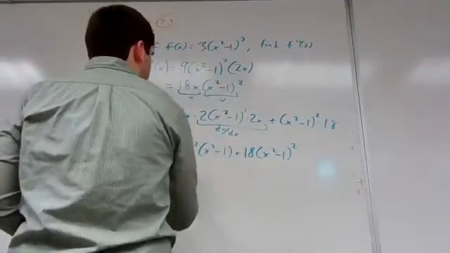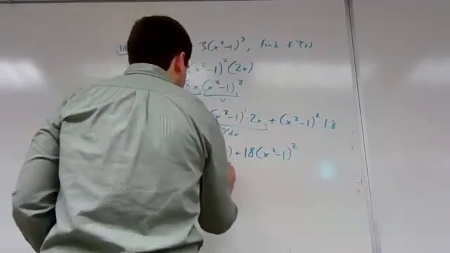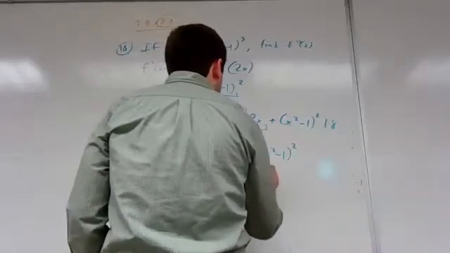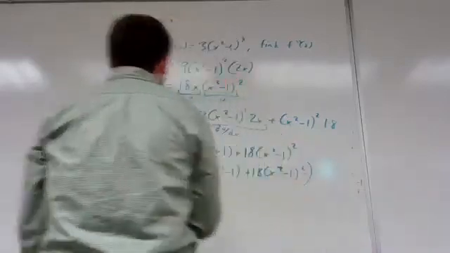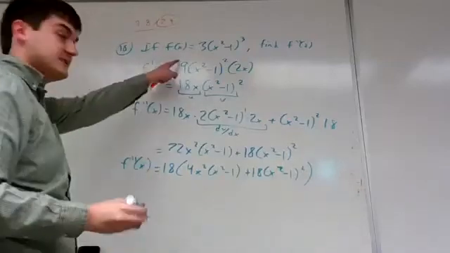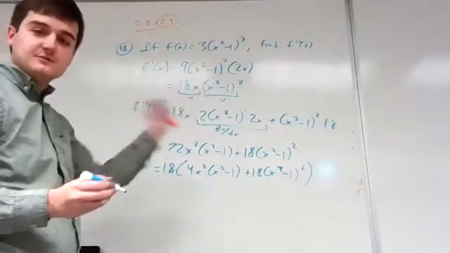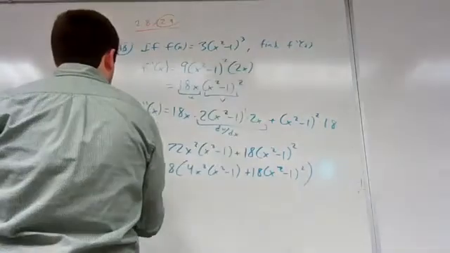I'm going to factor that out just to make your process of solving this a little easier. 18 times [4x squared times (x squared minus 1) plus (x squared minus 1) squared]. Okay, and this is f double prime of x. So we started off by just having chain rule, but then we had to use product rule when we solve this. Okay, so now I want f double prime of 2.